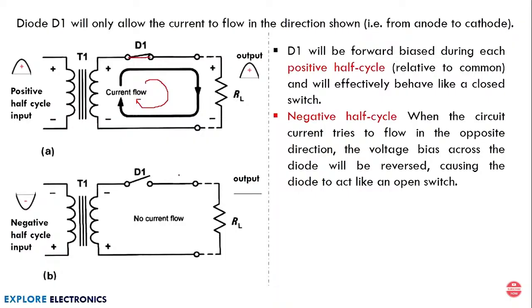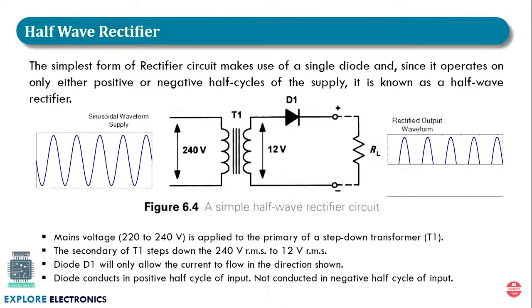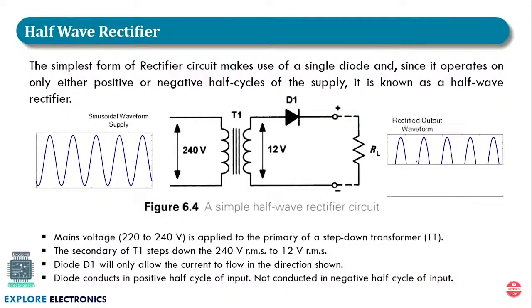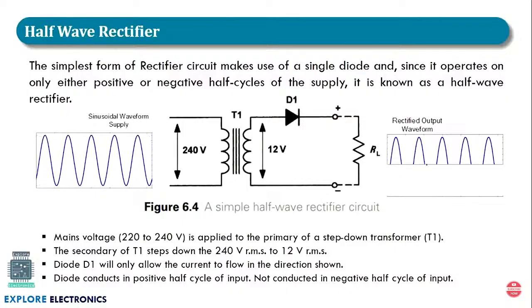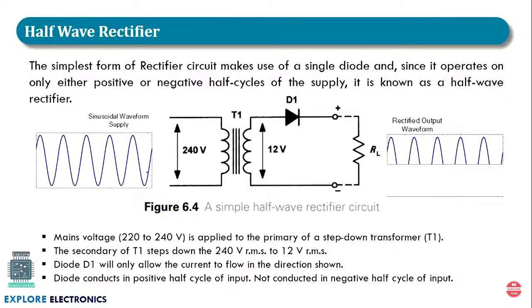The diode becomes reverse biased. Diode reverse biased means the diode will be off. So the switch is open. There is no connection between this end and this end. So there is no current flow. When there is no current flow, there is no output across RL. That's why in the previous slide we saw the output is only half cycle. When the negative half cycle of the input comes, there is no output here.